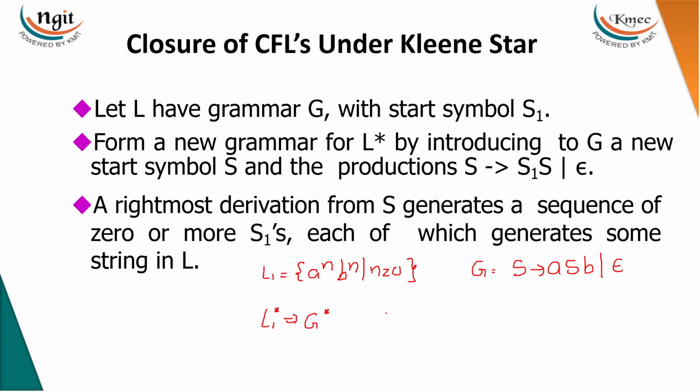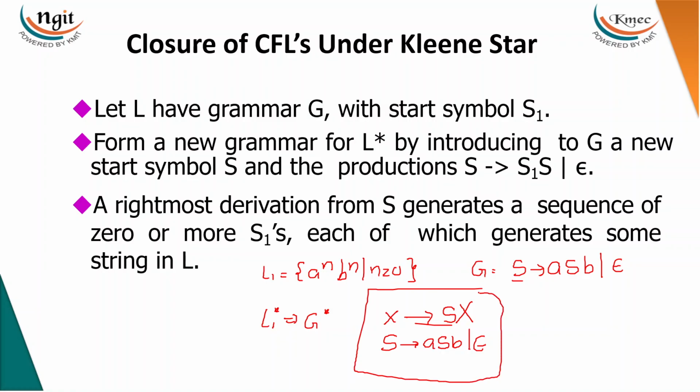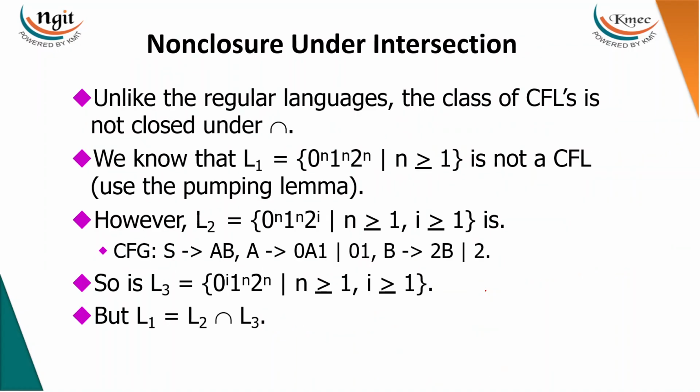How to write the G star? Just introduce a new non-terminal X. The existing non-terminal S: you can write S tends to A S B or epsilon. But how many times can I take this grammar? Only one time. But if you want to take it an infinite number of times, simply you can write X tends to S X or epsilon. So this is the Kleene closure of the grammar. So this is how it is going to be, right?